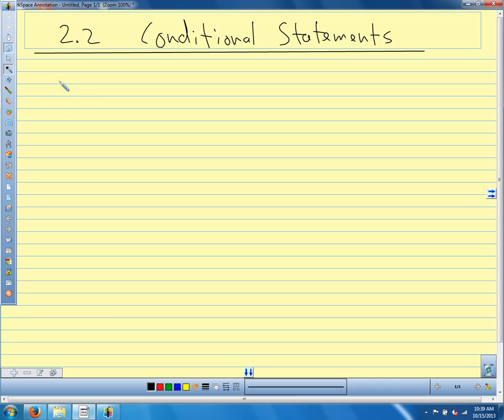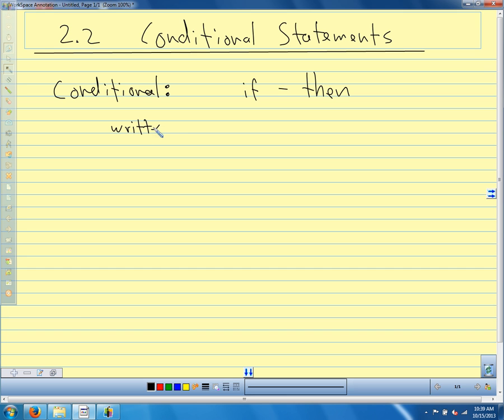So first off, we're going to define what we mean by a conditional. A conditional statement is something that we can write as if, then. We write it in the form if then. That makes a conditional statement. We write these in symbols, and in logic, we always use P's and Q's.